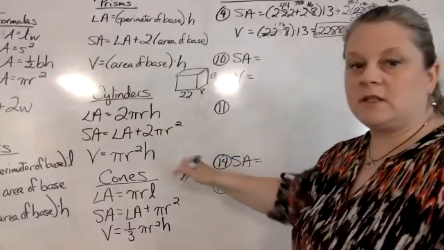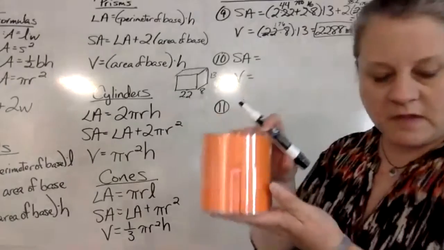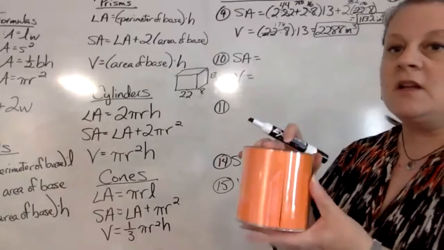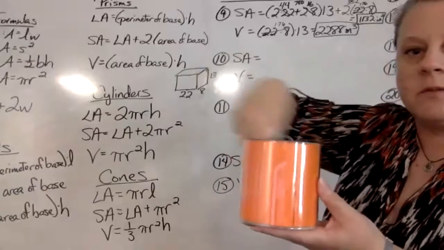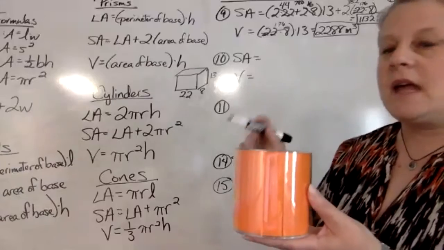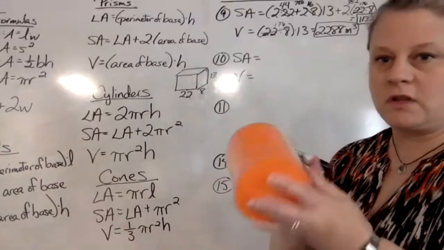Remember, the cylinder has the circle base on top and bottom. Okay, so it looks like this. And we're finding both the surface area and the volume again. So remember, your surface area is the lateral area, the distance around the sides that's standing up and down between the two circles, plus the two bases, the two circles on each end.